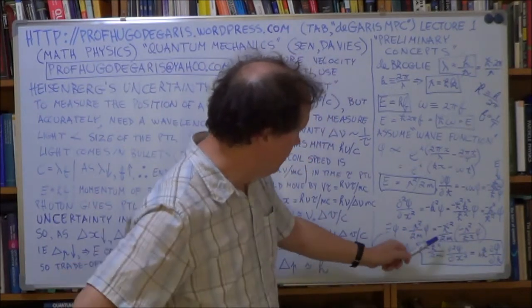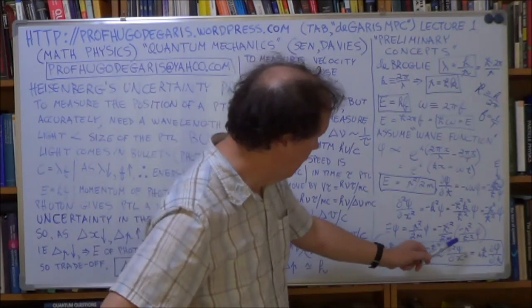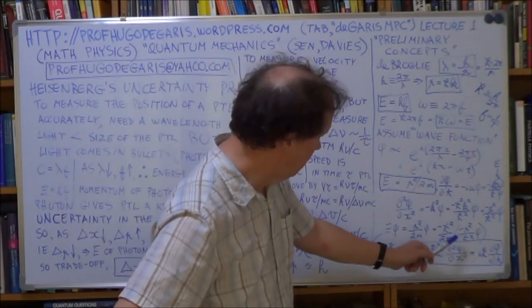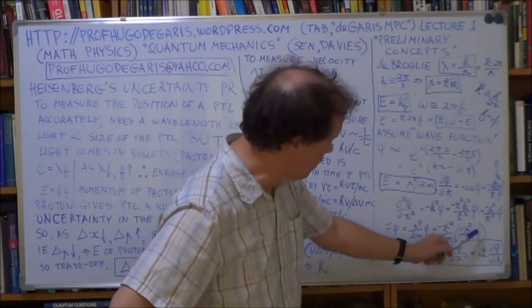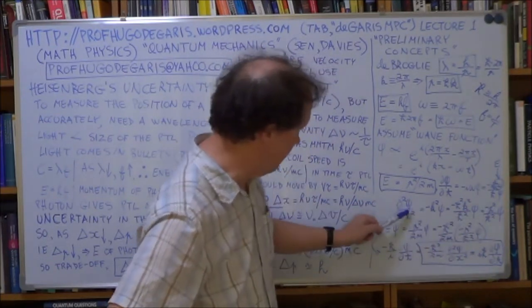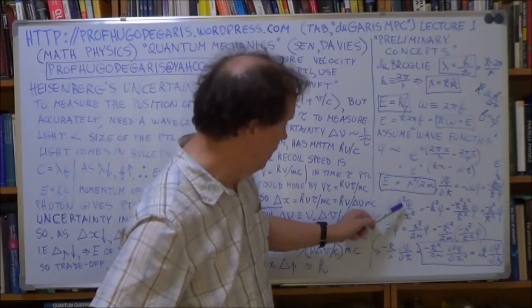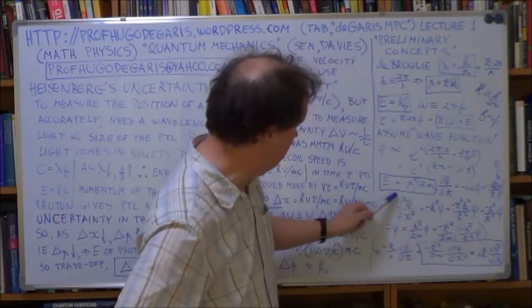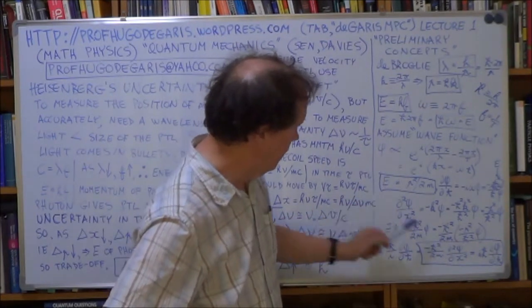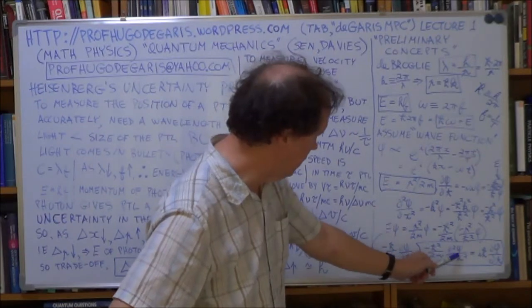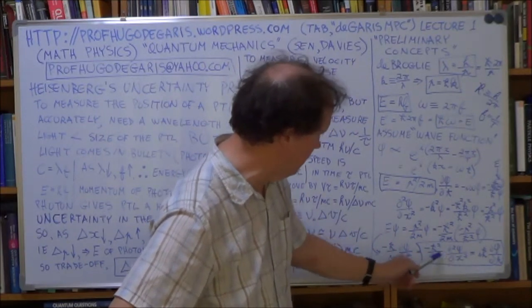Now you've got minus p squared over h bar squared psi, which is this. So instead of writing this, you can write the second differential. You substitute that for this, and there it is.